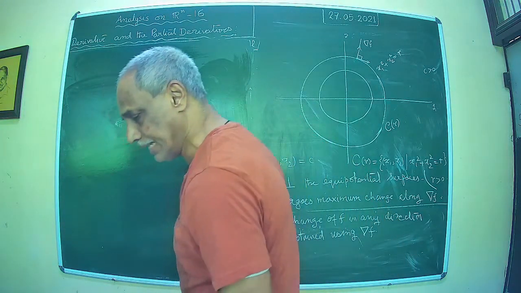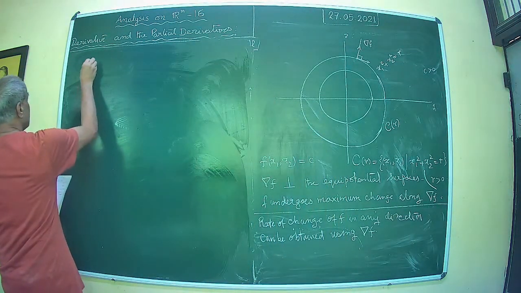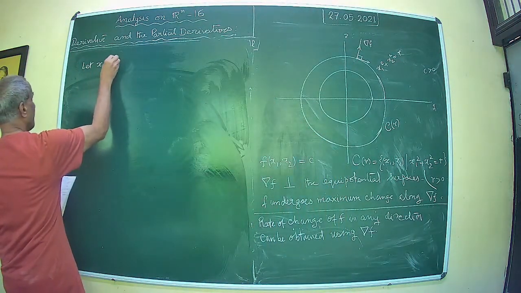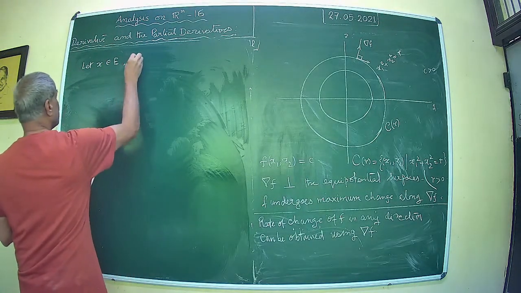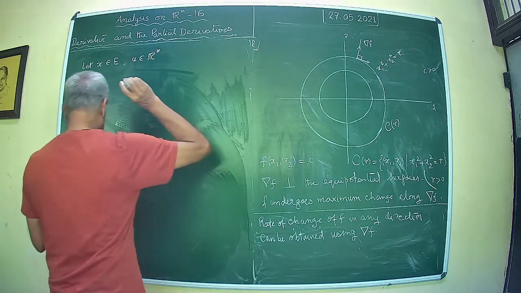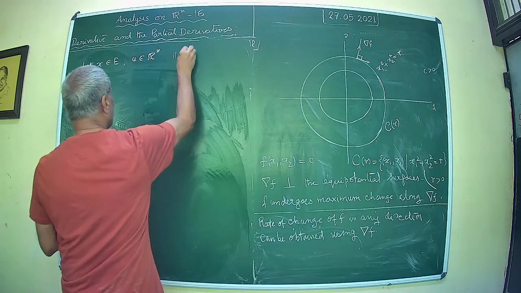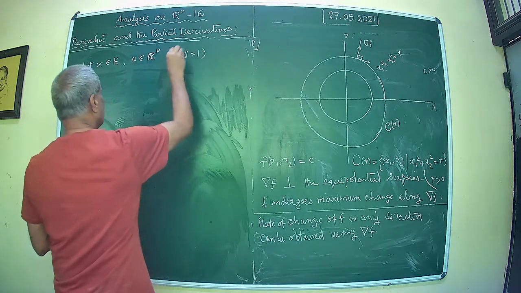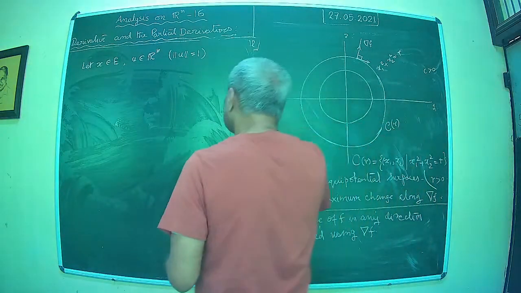So we take u in Rn, a vector in Rn with norm 1, that is, a unit vector in Rn, so u is not equal to 0.